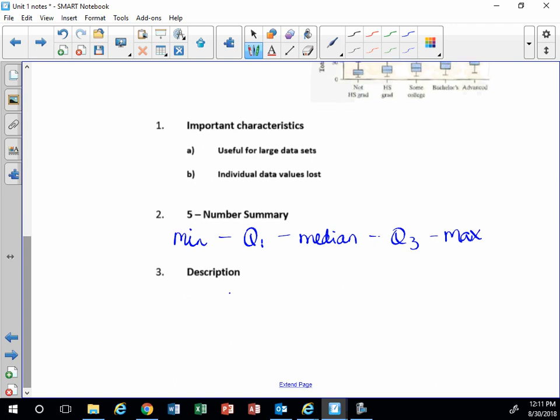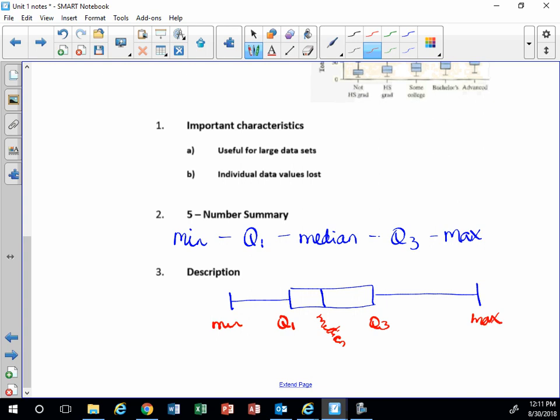So I'm going to draw a sideways one down here just to reference those values for you. So this is your min. That's your Q1. Median. Q3. And your maximum out there.